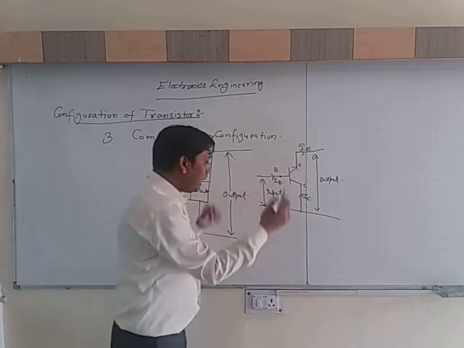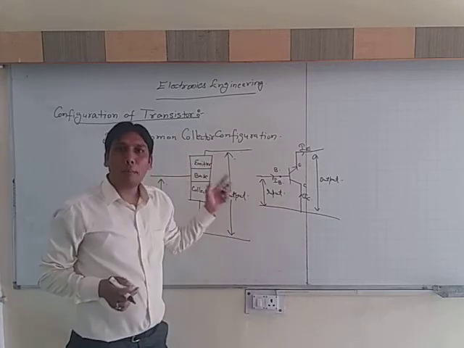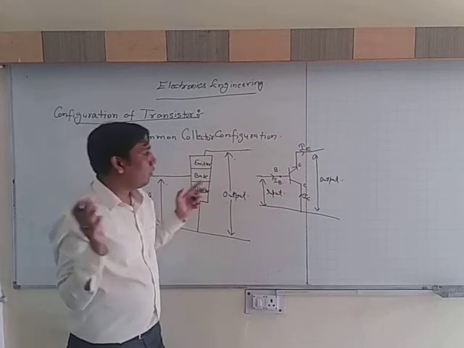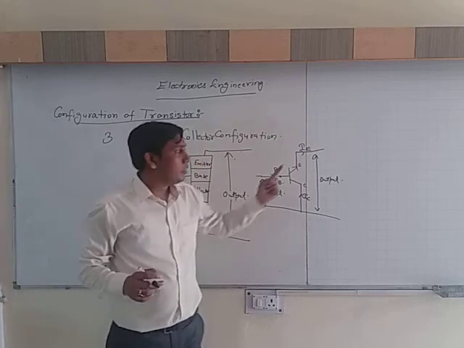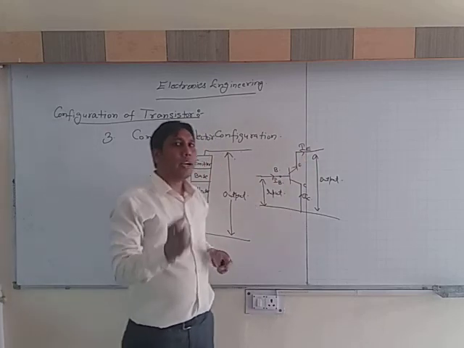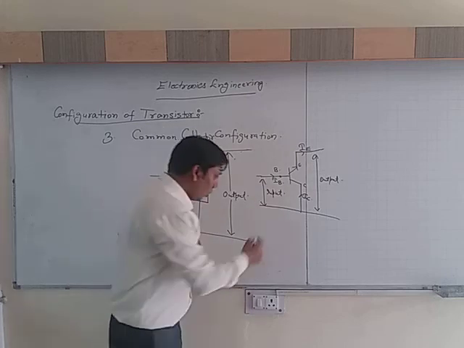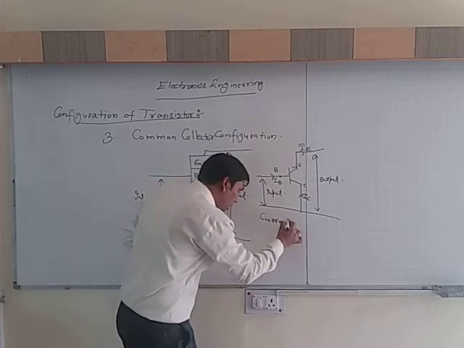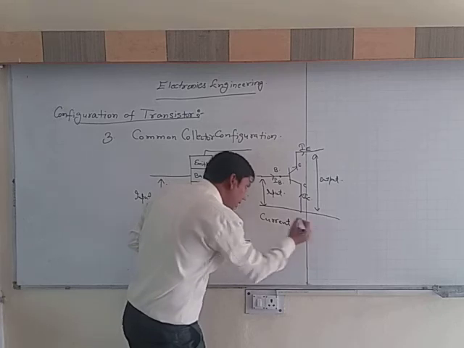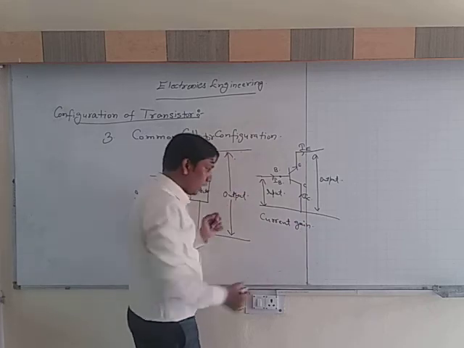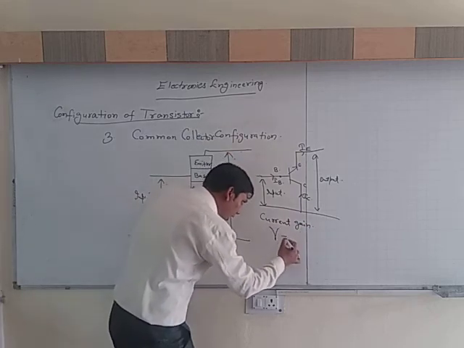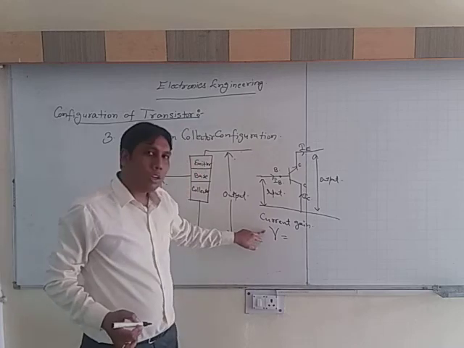So the current gain in this common collector configuration will be the output current, that will be IE, and the input current, that will be IB. So now we can calculate the current gain in common collector configuration. It is denoted by gamma. So it will be what?